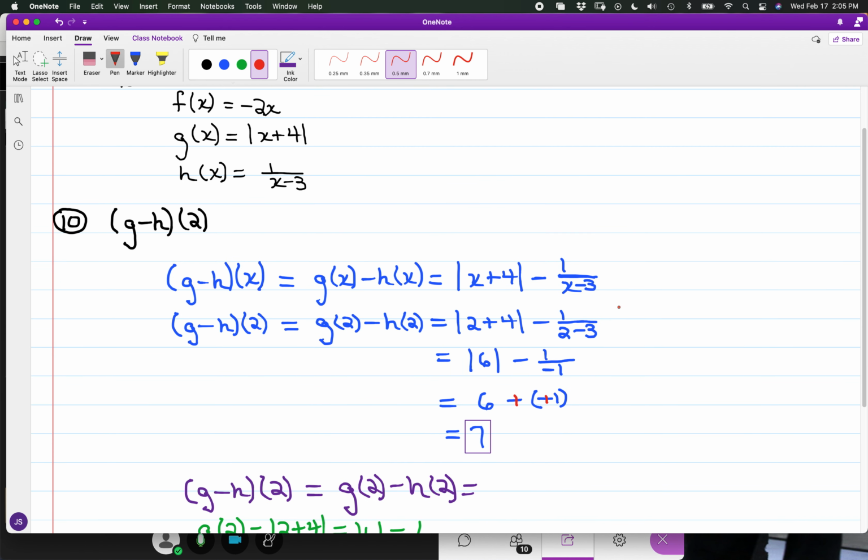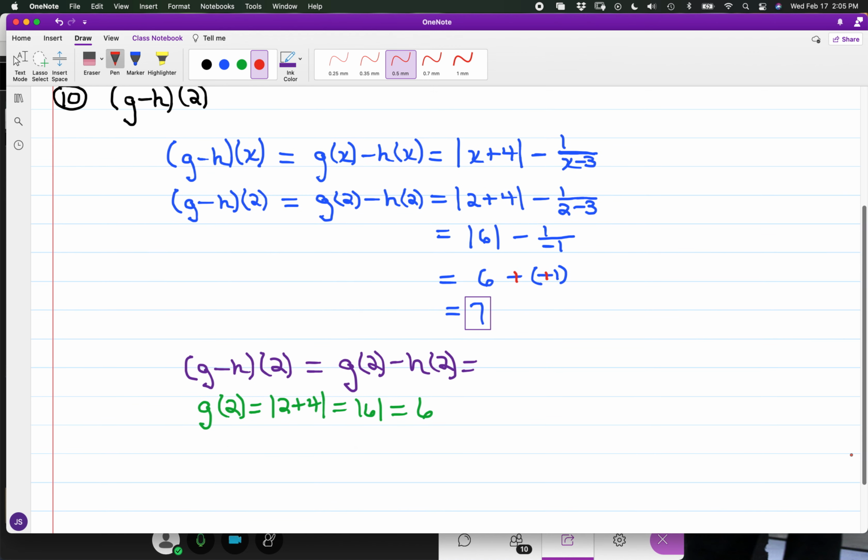And in the case of h of 2, h of x is 1 over x minus 3, and with x at 2, we have 1 over 2 minus 3, so we have 1 over negative 1, which is negative 1. Following through, for g of 2 minus h of 2, g of 2 we have at 6, minus h of 2, which we have at negative 1.